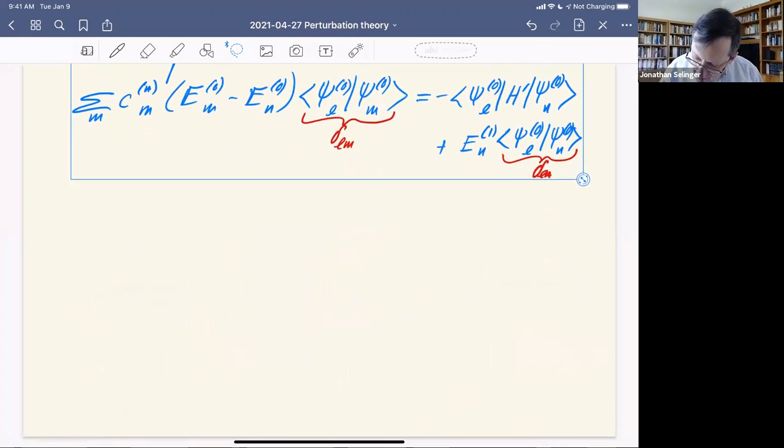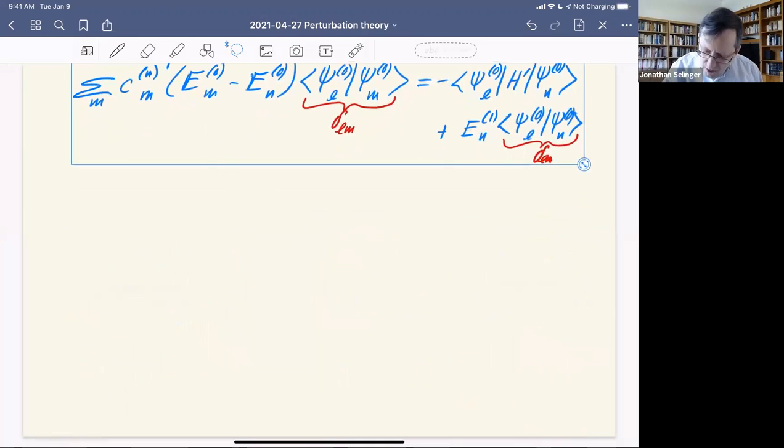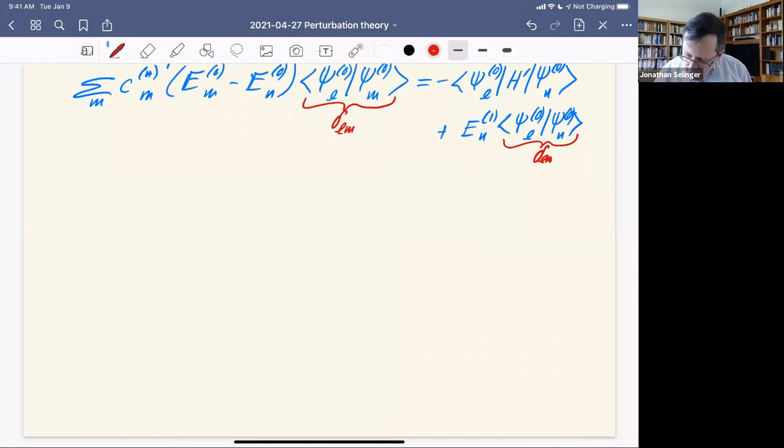All right, way up here. On the left side, we have just the term with M equals L. So it is C superscript N subscript L times (E0L minus E0N). That's it.